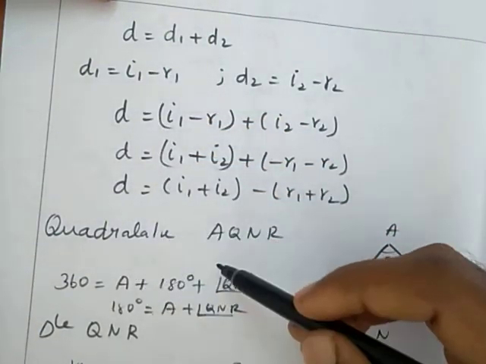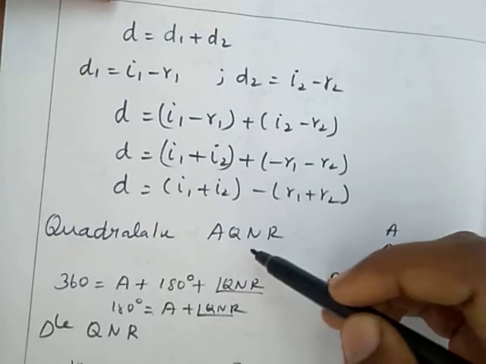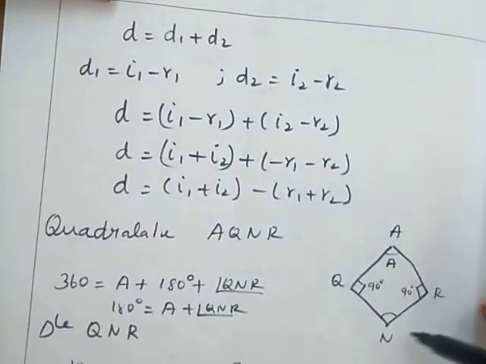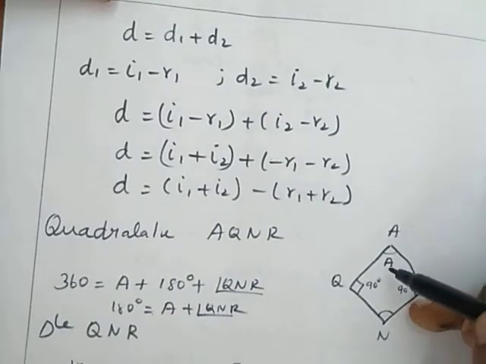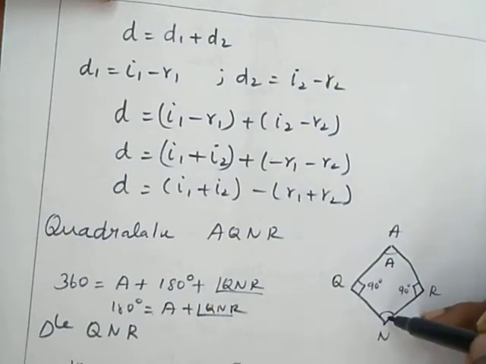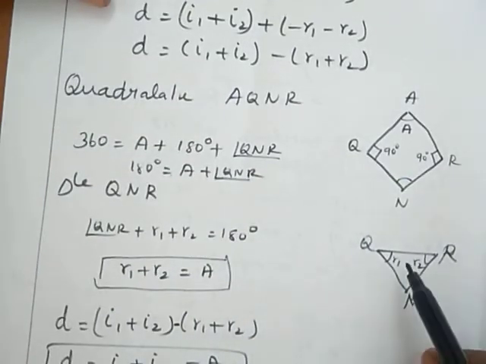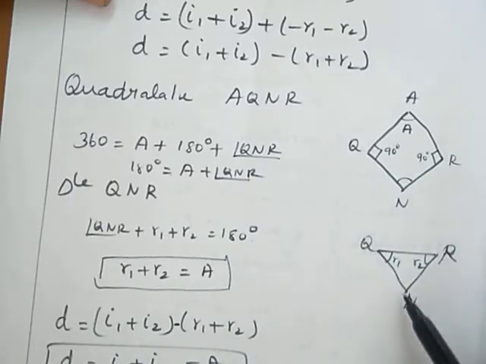Then I consider a quadrilateral, that is AQNR. The sum of the angles in a quadrilateral will be 360 degrees. We can write 360 is equal to A plus 180 plus angle QNR. And I consider a triangle QNR, the sum of the triangle will be 180 degrees, then 180 degrees is equal to r1 plus r2 plus angle QNR.